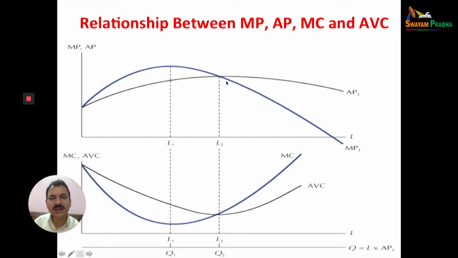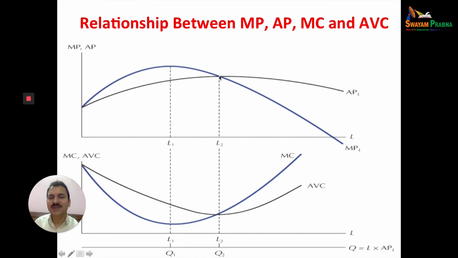And similarly here, when average cost is decreasing, marginal cost is decreasing, but average product is increasing, marginal product is increasing. Marginal product is increasing, average product is also increasing, but the rate of increase in marginal product is high as compared to average product here.